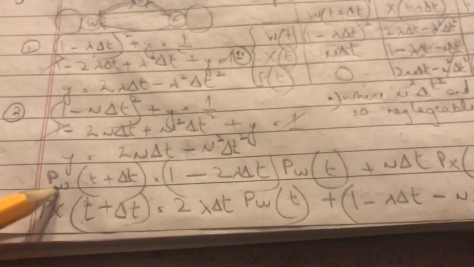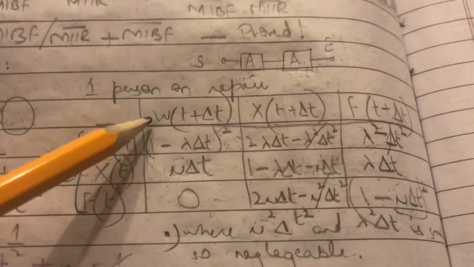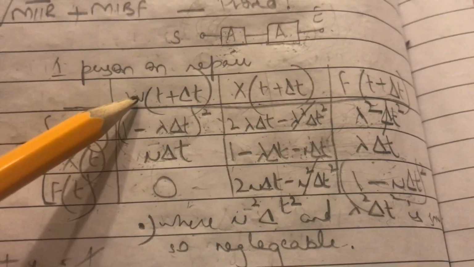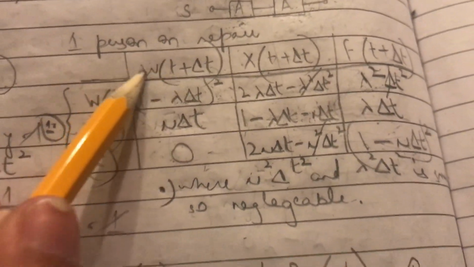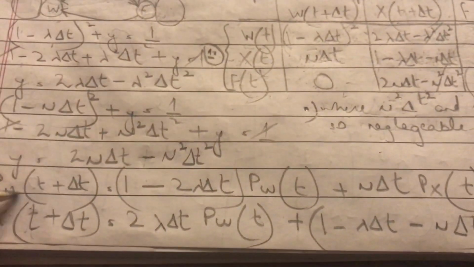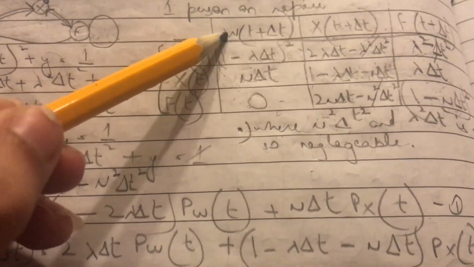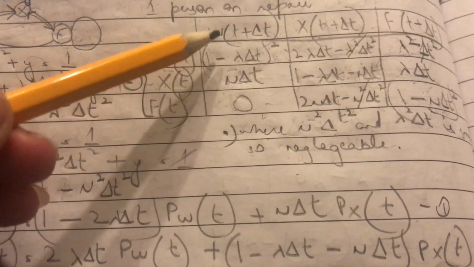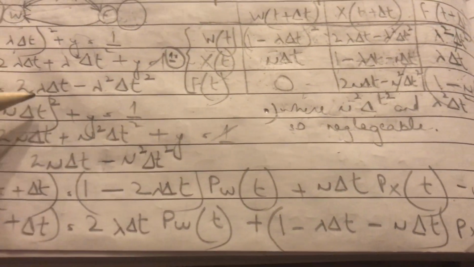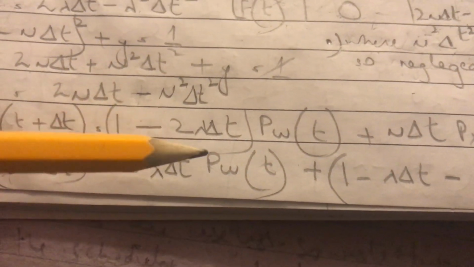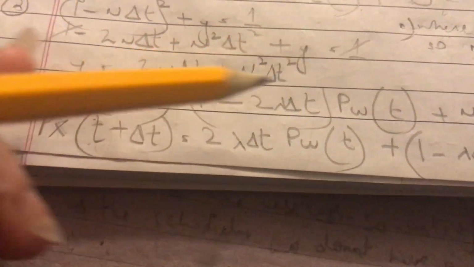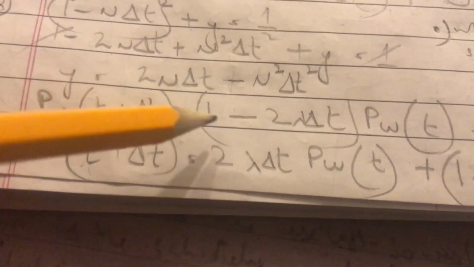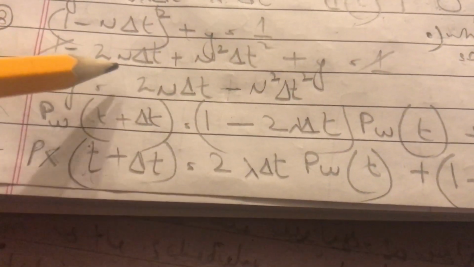So P_W of t plus delta t, we now have to put these values in the form of probability. When we are talking about the probability of the working state, we will take all these 3 values. 1 minus 2 lambda delta t.